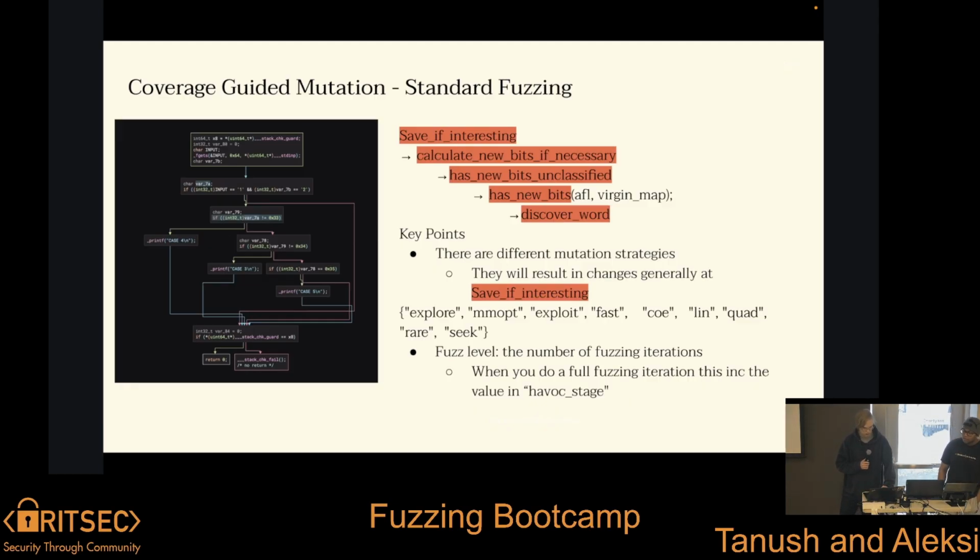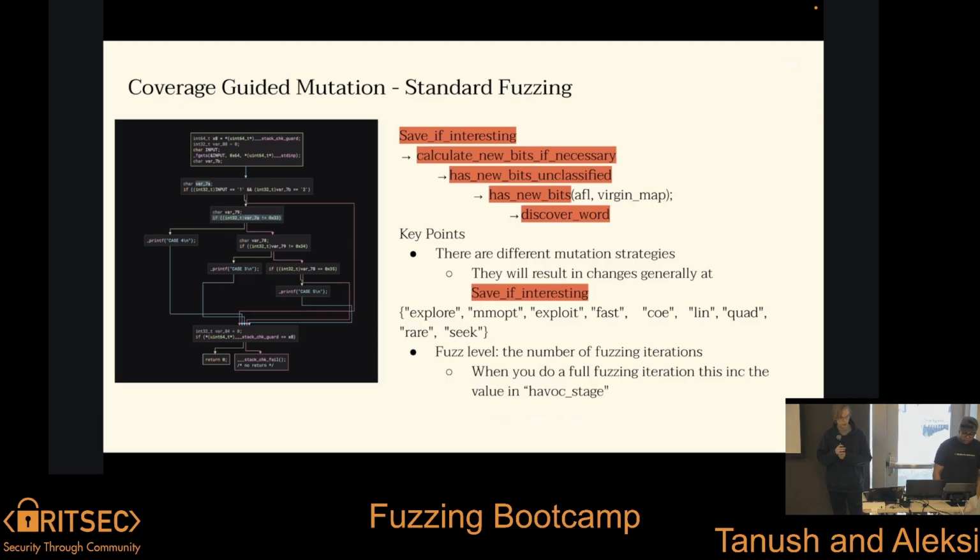Mutation strategies, I think they're in the middle here. They're just ways that a fuzzer can modify or mutate a given input. And fuzz level, another thing, is basically the number of times AFL++ has cycled through its input queue or corpus. Every time it cycles, it will increase the havoc stage.